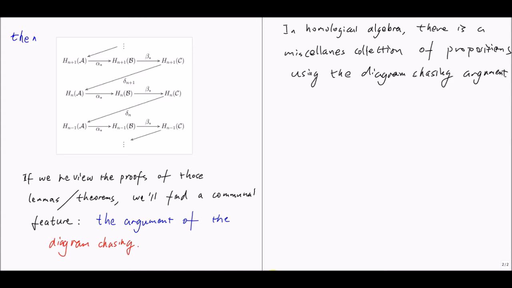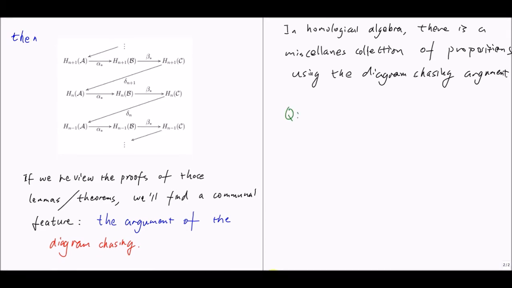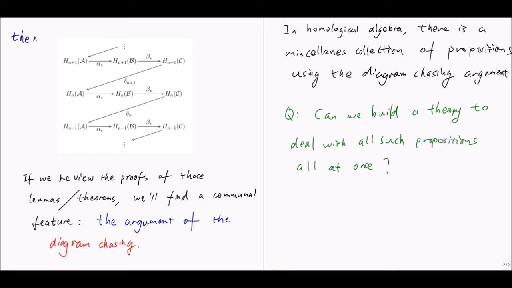So a natural question to ask is, can we build a theory to deal with all such propositions all at once? Such a theory already exists, which is our topic today, the spectral sequence. Roughly speaking, the spectral sequence is a theory or a tool for us to do diagram chasing.